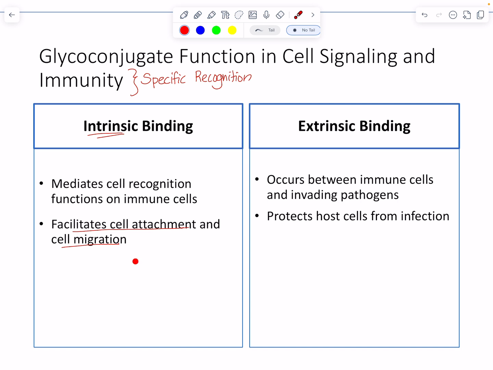In cell-based immunity, cells of the immune system have to go from here to the site where they have to do their job, and intrinsic binding is involved in those processes. Extrinsic binding is going to occur between immune cells and invading pathogens, and it's going to protect host cells from infection.